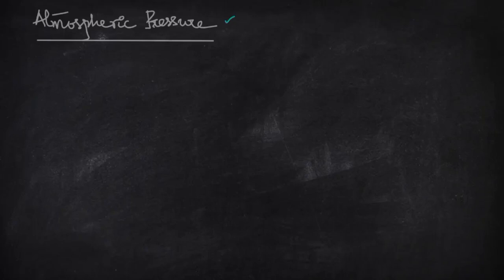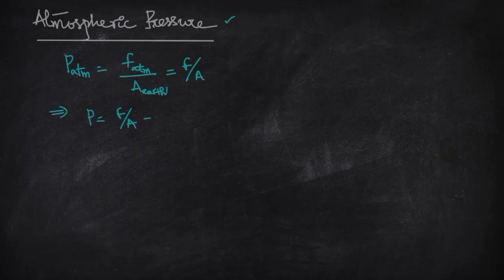All the objects on the earth are subject to constant atmospheric pressure, and the atmospheric pressure is equal to force of the atmosphere by surface area of earth. The ratio of force of the atmosphere to the surface area of earth, let it be F by A. Now we can write the force as weight by surface area of earth.